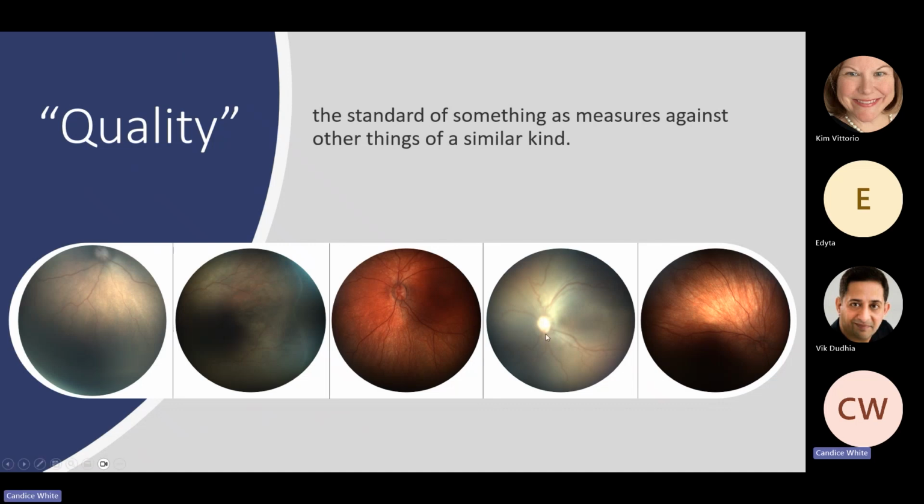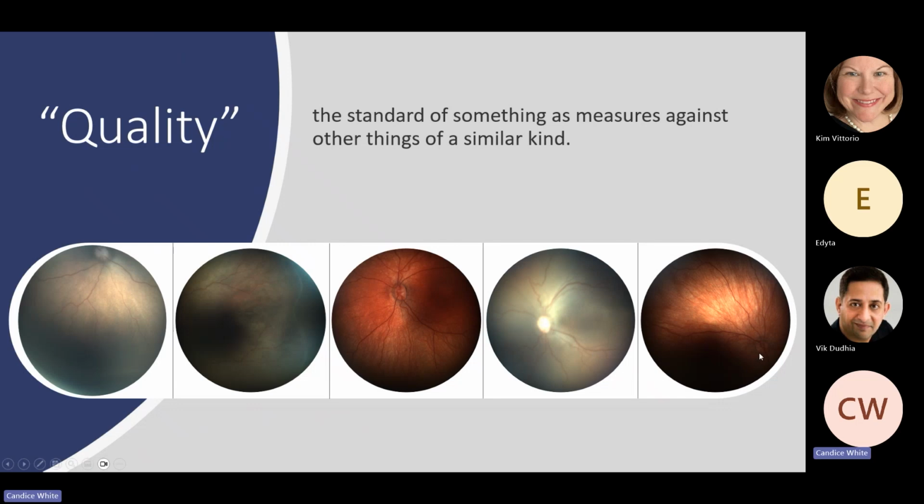But this image next to it, we look at it and think that it's not quality, but this is actually a wonderful image. It tells us so much about what's going on in the eye. If you remember, we're looking for presence or absence of disease, and I can see the blood vessels. I know what they're doing, and I know whether they're starting to raise the alarm for me or whether they're looking okay, and I can make choices for the next steps.